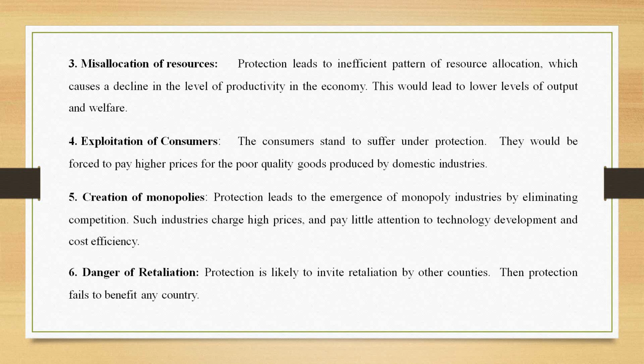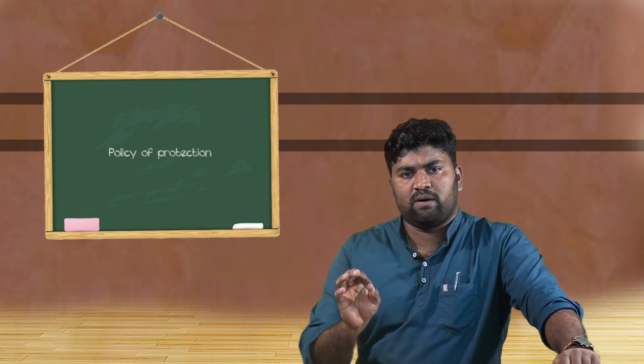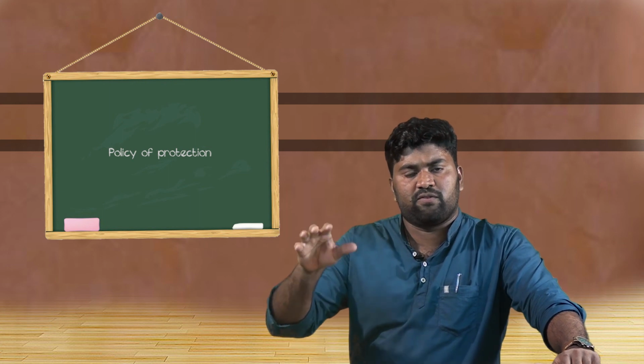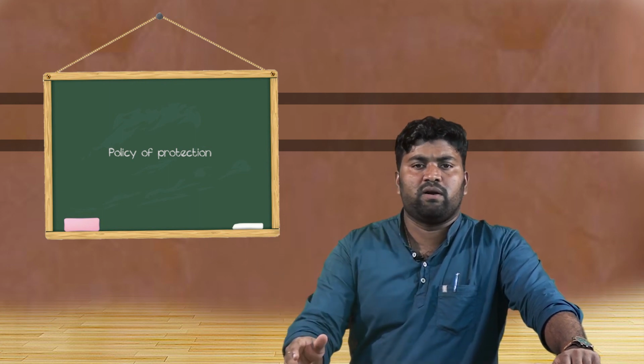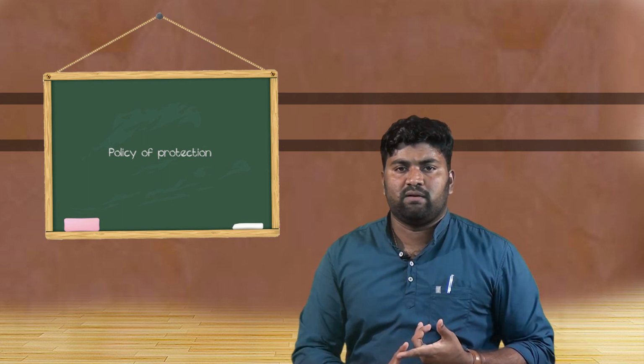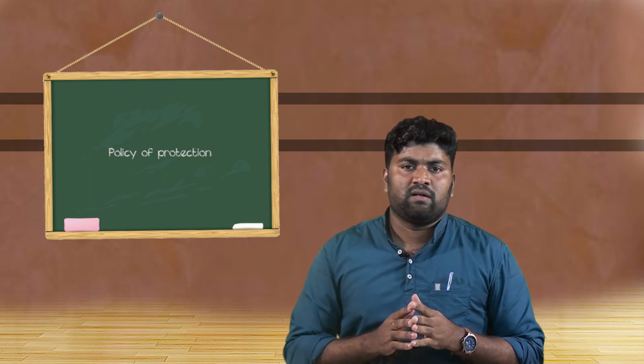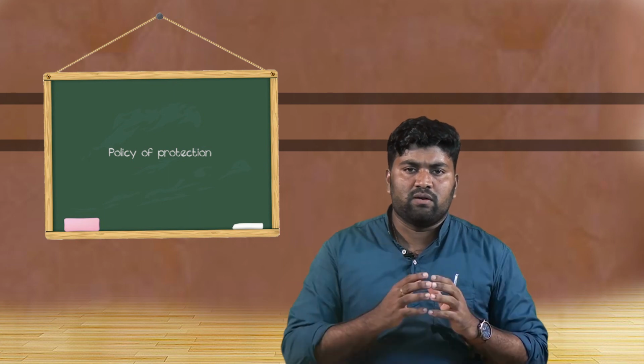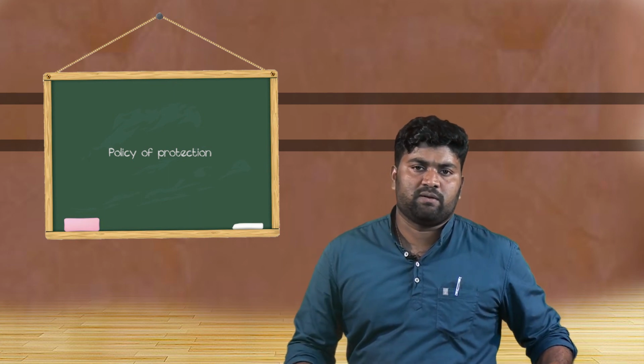And the next one is the danger of retaliation. Retaliation means it leads to enmity among nations. For example, if a country imposes heavy taxes on a particular commodity of another country, it leads to enmity among the nations, and gradually they lose all kinds of cooperation.